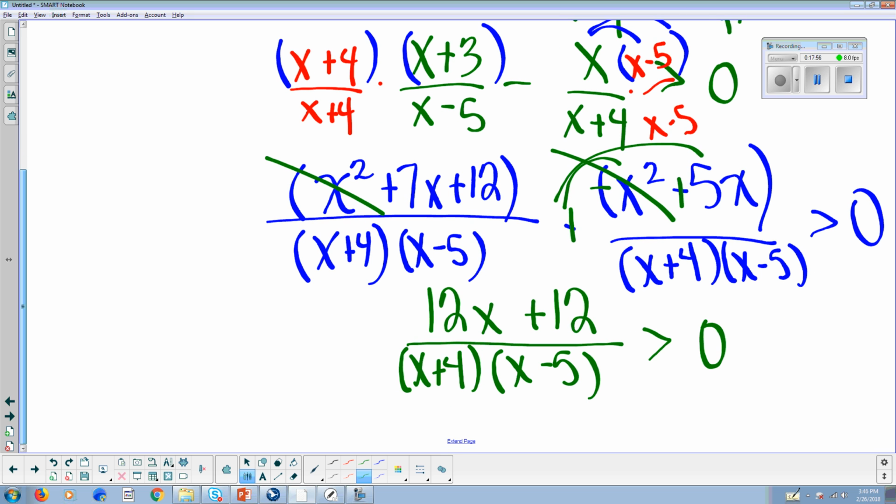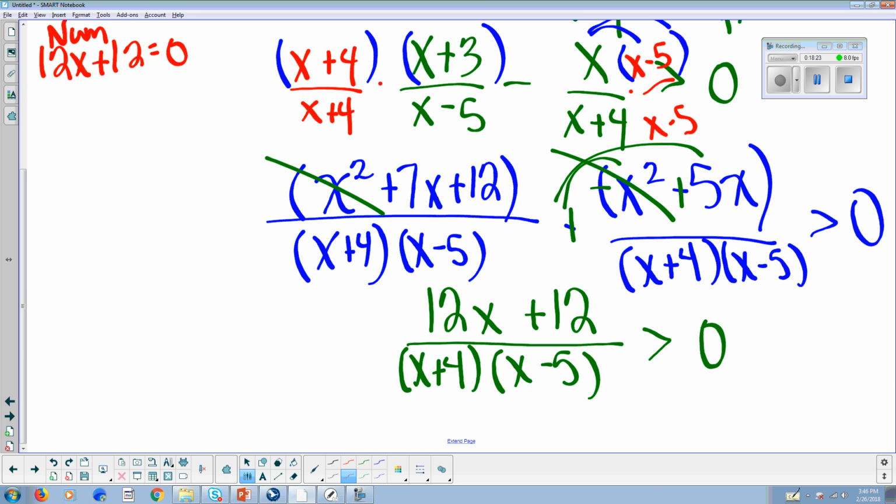Now, we're going to set both the numerator and the denominator equal to 0. Numerator, 12x plus 12 equals 0. I would use square brackets here if there were an or equal to symbol there, but since there is not, that's going to give us all curvy brackets.